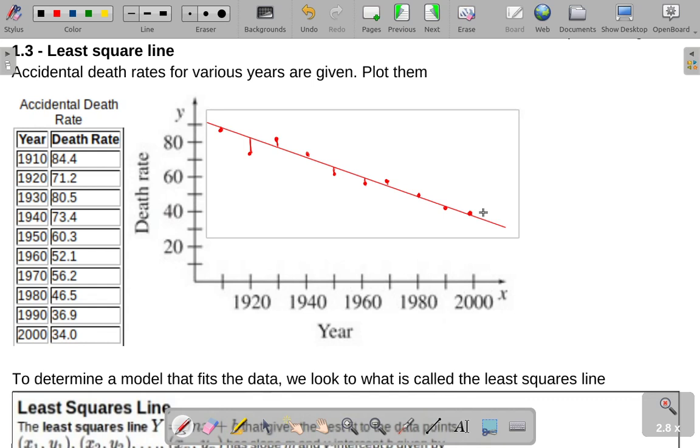Looking at all the different possible lines, whichever line has the sum of all those squares being the least, that is what we're going to call the best fit line. This is where the terminology least square line comes from. We're taking the squares of those distances, and we want the least of the squares of those distances.